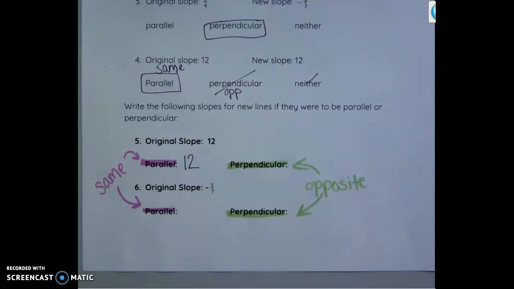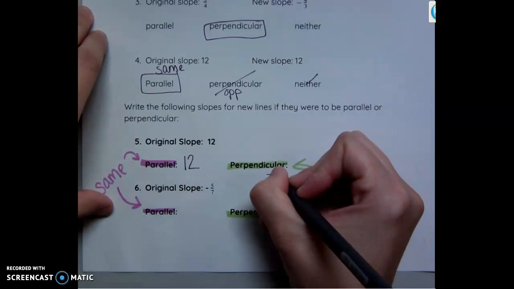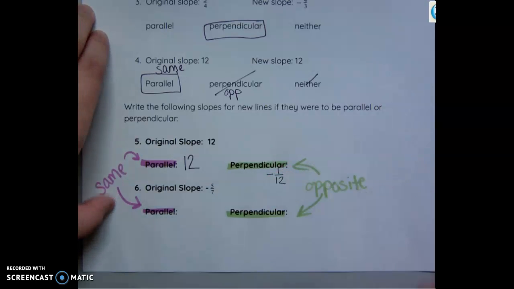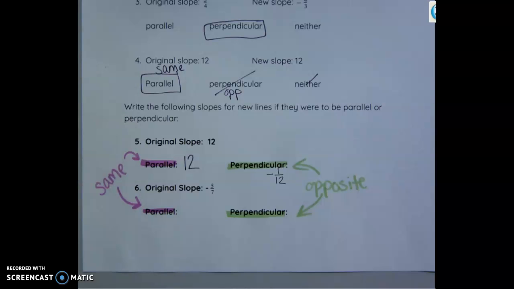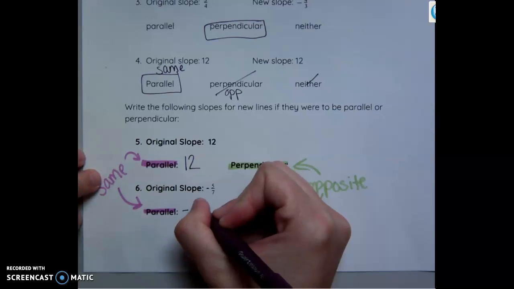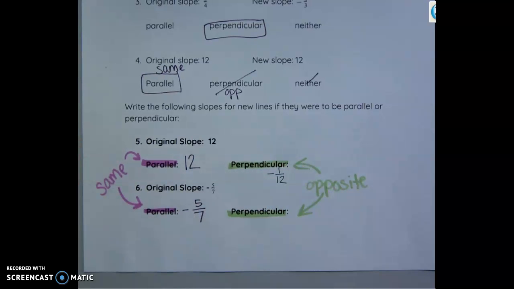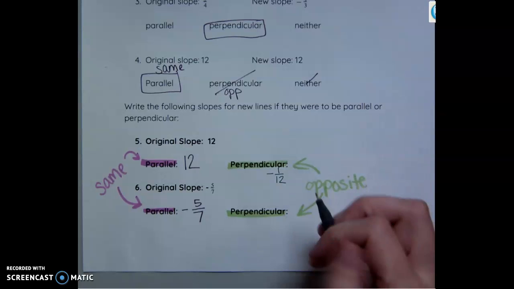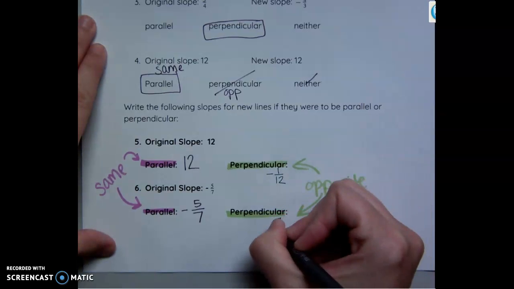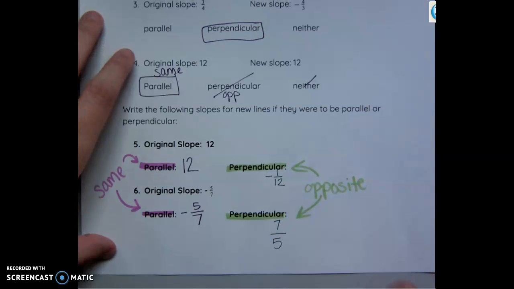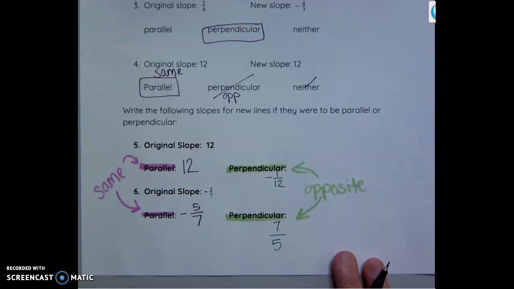What's the opposite of 12? -1/12. So I turned it into a fraction and I changed the sign. The next one, my original slope is -5/7. Parallel means same, so I just rewrite it: -5/7. Now perpendicular, I have to change the sign, so now it's positive, and it's going to be 7/5.